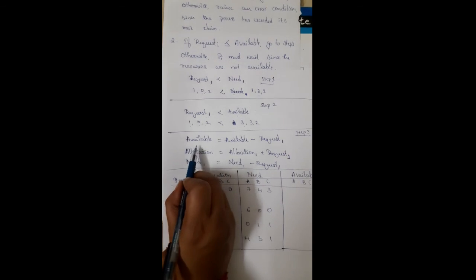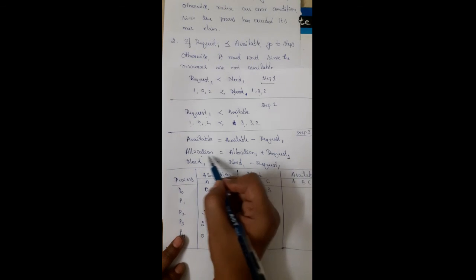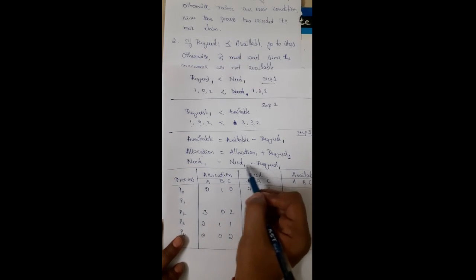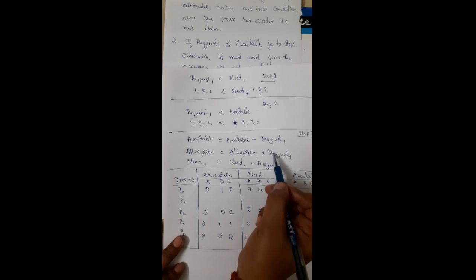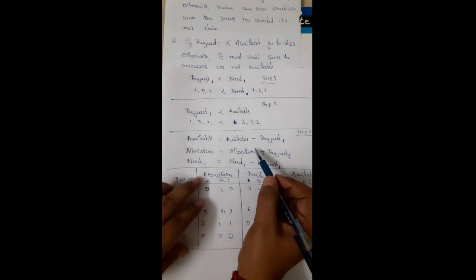What is there in step number 3? Available is equal to available minus request 1. Allocation 1 is equal to allocation 1 plus request 1. Need 1 is equal to need 1 minus request 1. So with respect to process 1, we have to make all this modification.